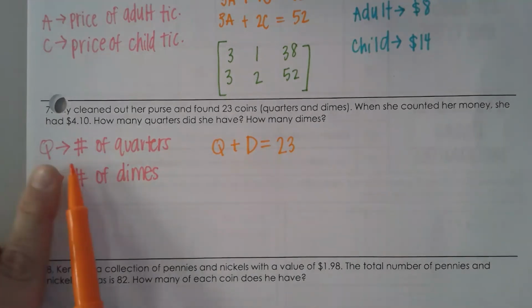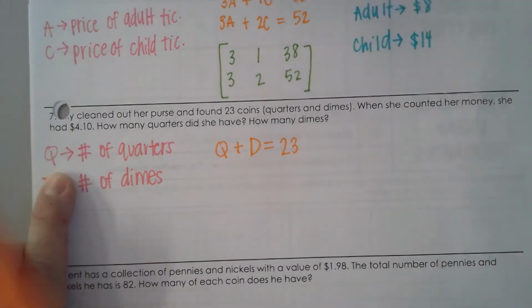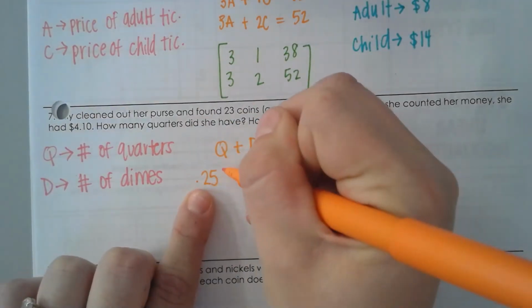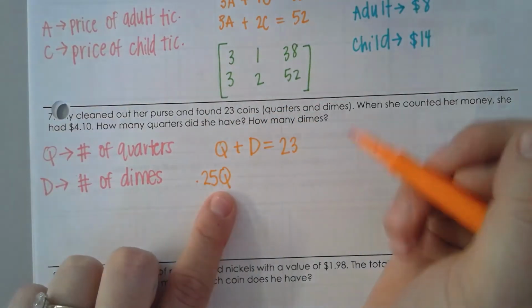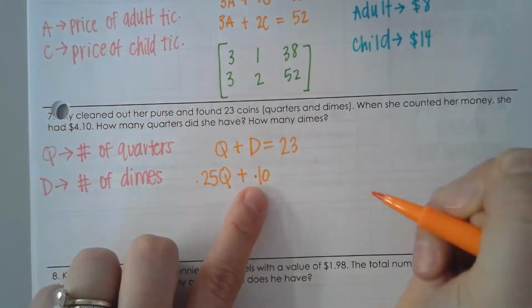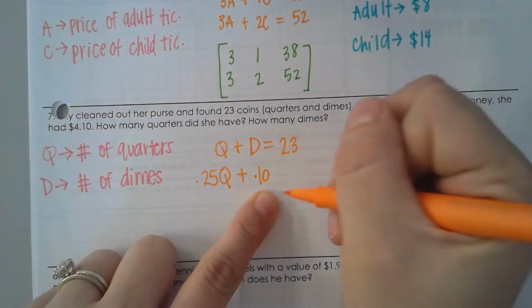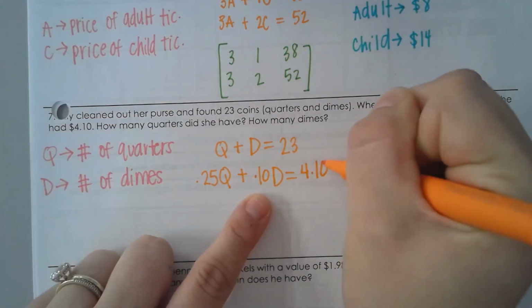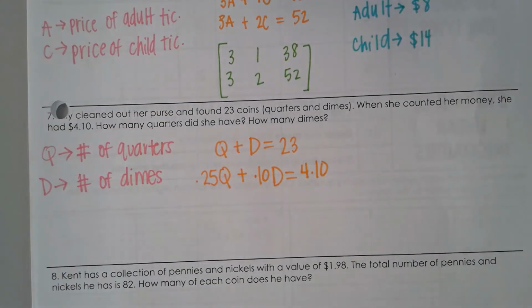So a quarter is 25 cents, which is 0.25. So we have 25 cents times my number of quarters, and then I add the 10 cents, which is 0.10, times the number of dimes, and that equals 4.10. So if you have 7 quarters, you would multiply that by 0.25.